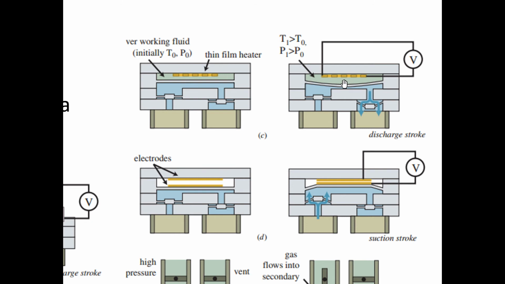Okay. Microbubbles, you can actually make them very quickly. They're not as fast as electrostatics or piezoelectrics, but you can make 10 milliseconds, 100 milliseconds. You can create bubbles and expand and collapse them. So thermopneumatic means a temperature is being transduced into a pneumatic pressure, and that's what causes the diaphragm to deflect.